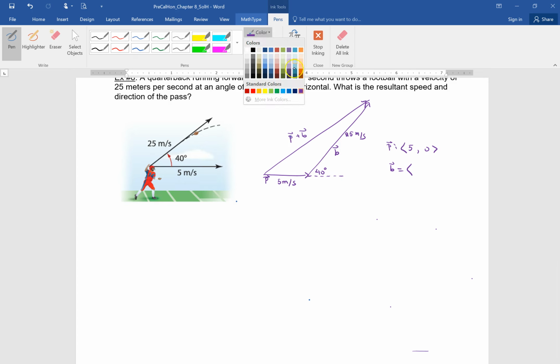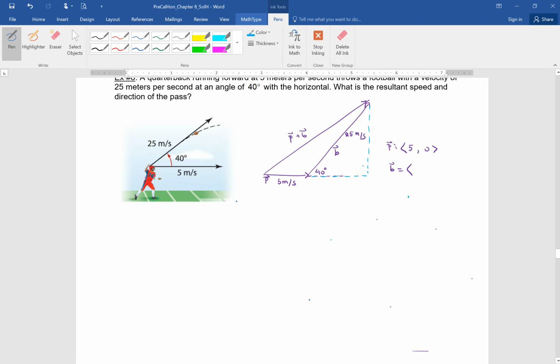So if you look at its components, you have a horizontal and a vertical. The horizontal component here is the side that's adjacent to the 40-degree angle, and adjacent means cosine. So you always do magnitude times cosine, magnitude times sine.